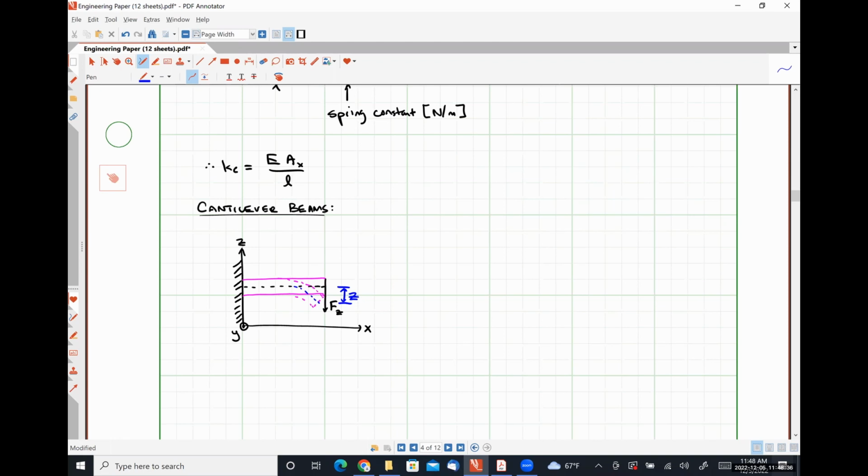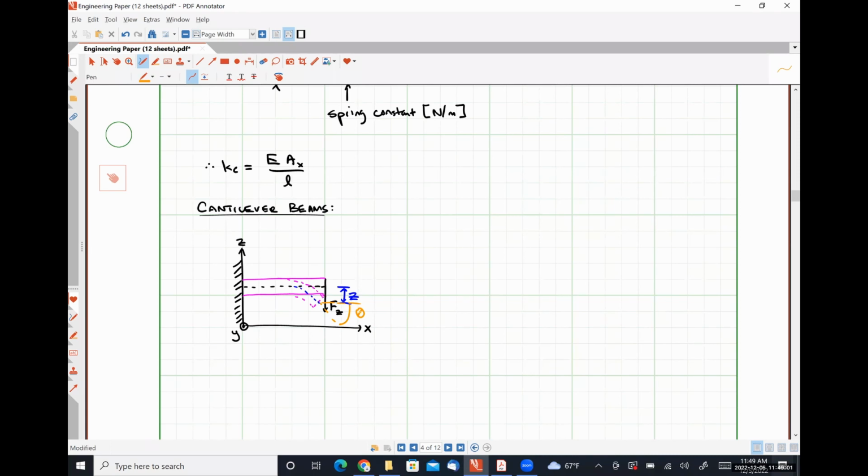And then what I'm trying to pick here is the angle theta at which the beam is deflected from its rest state, okay?